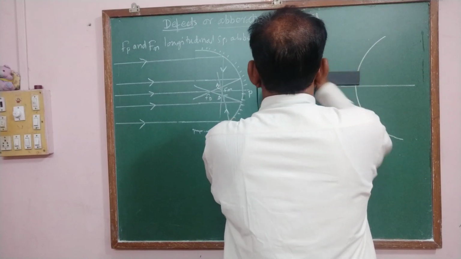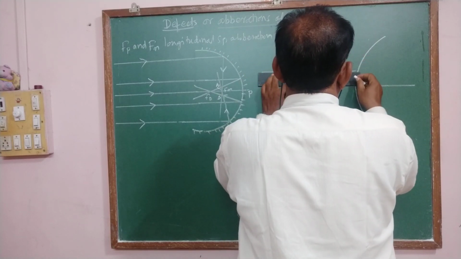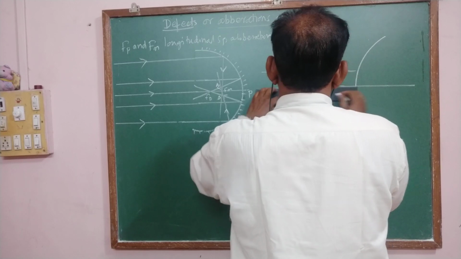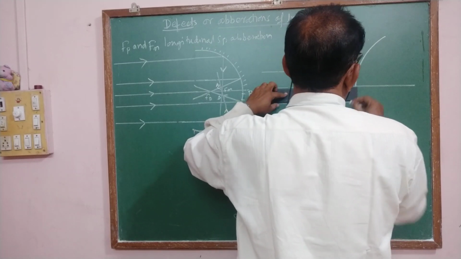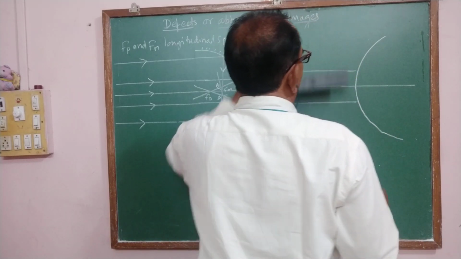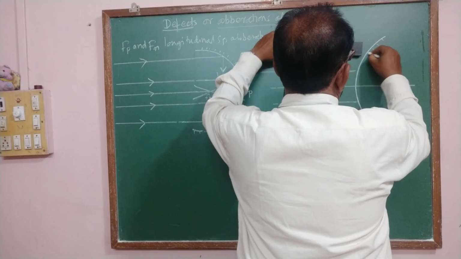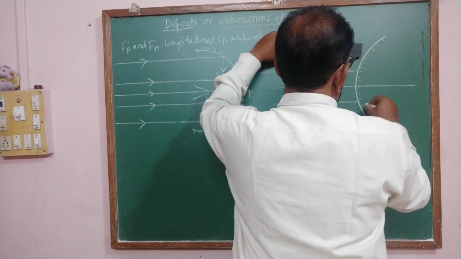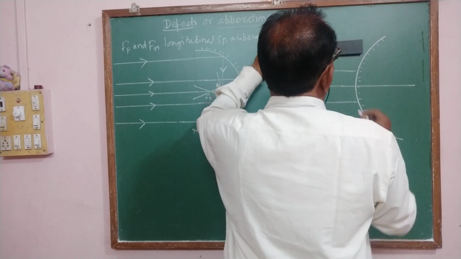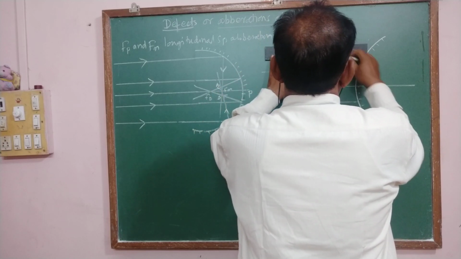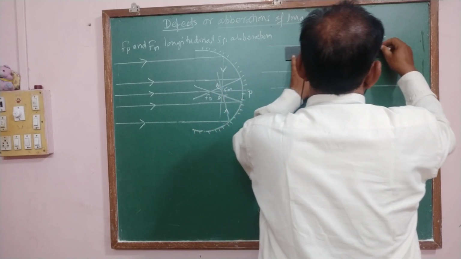These are the rays close to the principal axis, and these are the rays which are away from the principal axis.